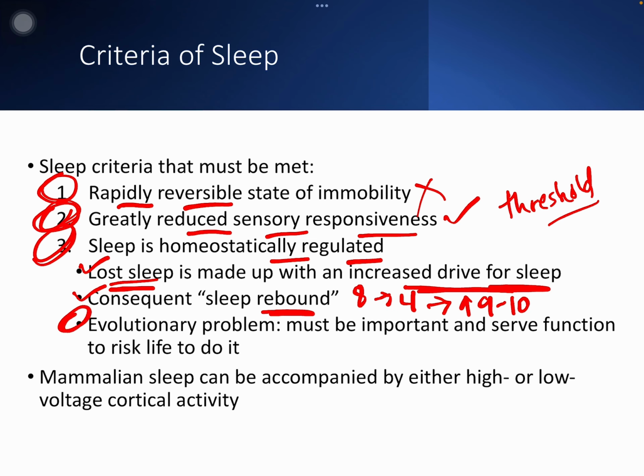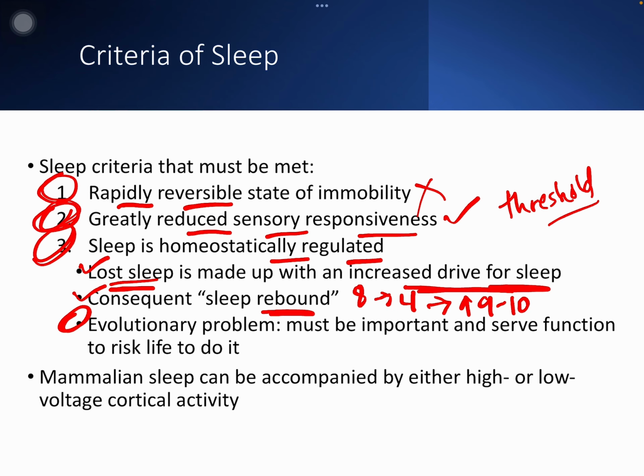And really the interesting thing is that if we humans, any animals, have no evolutionary need to sleep, if there's no purpose in sleeping, if we can survive without it, it's really one of the biggest mistakes in evolution, because if it doesn't serve a function, if it's not important, we're risking our lives in the case of humans sleeping 8 hours per night every night of our lives, as adults, and even more when we're younger.